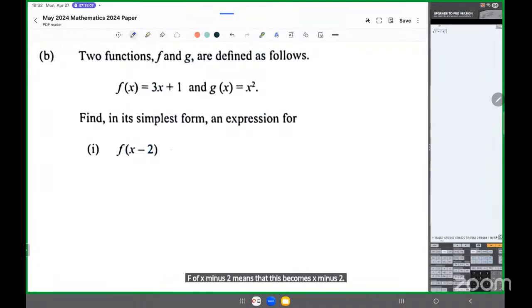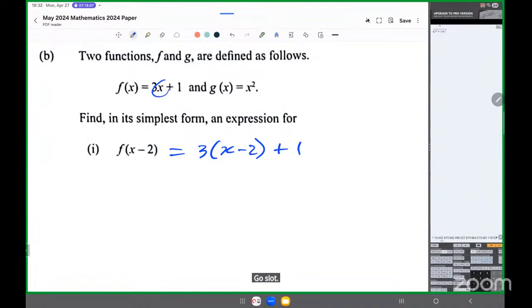So it simply becomes equal to 3 times x minus 2, where the x is, plus 1. So where x was, I put x minus 2 there. And we can simplify it, since it says express in simplest form. So 3 times x is 3x.